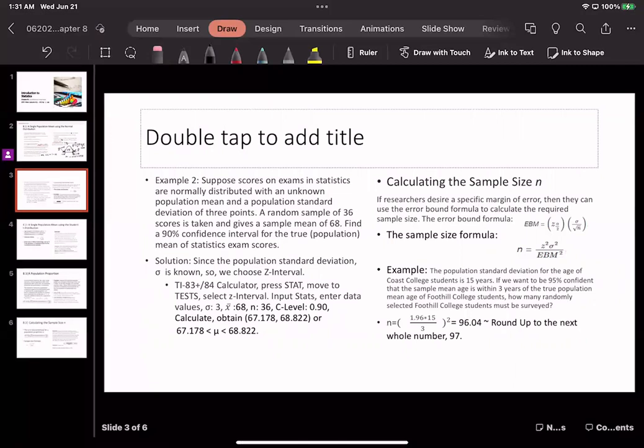Next, we are going to look at an example, example 2. Suppose scores on exams in statistics are normally distributed with an unknown population mean.